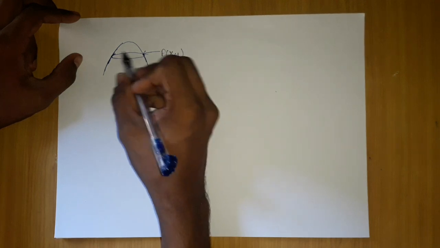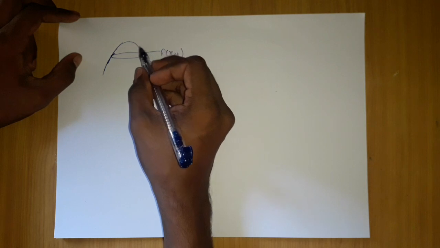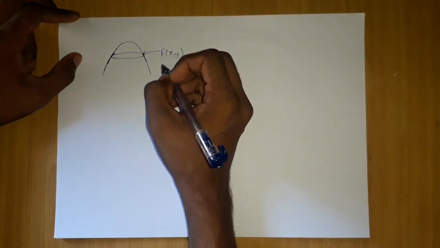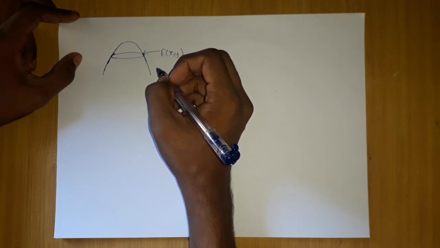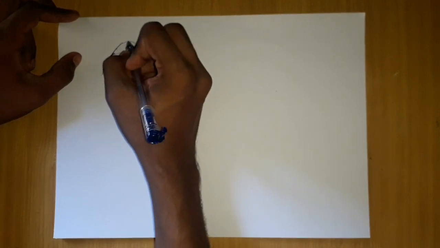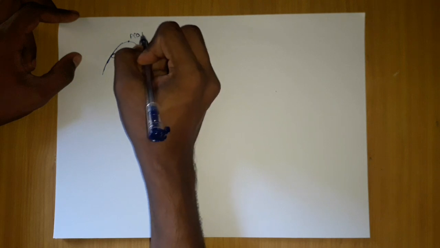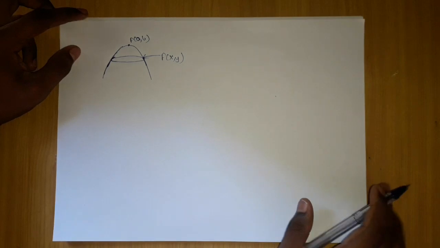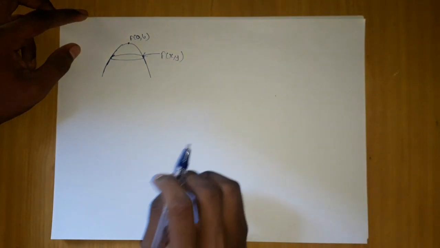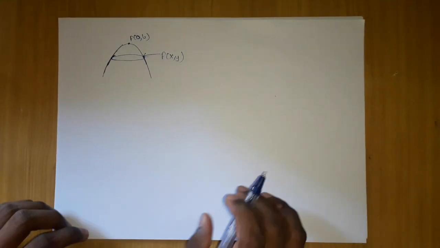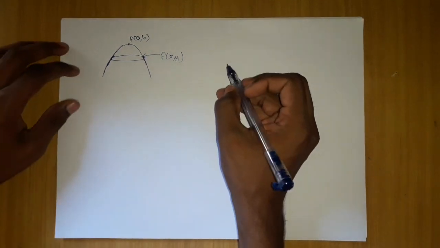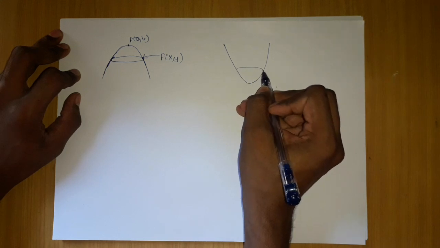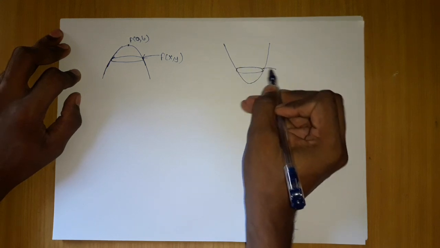It has many points, and suppose at a certain point, f of a comma b, I am getting this peak value. Then you will just say that f of a comma b is the maximum possible value which this function can attain.